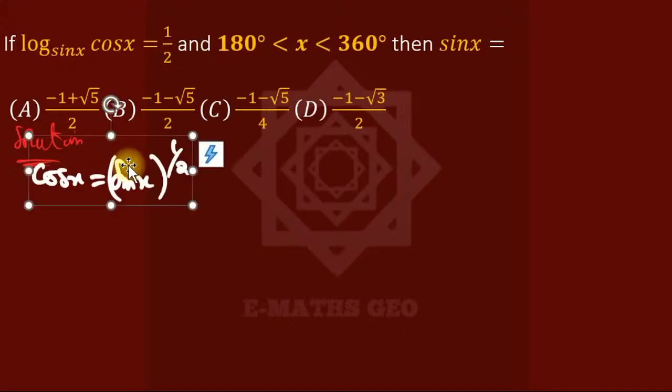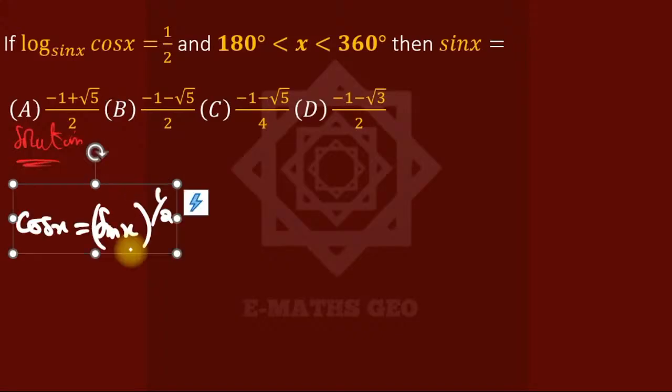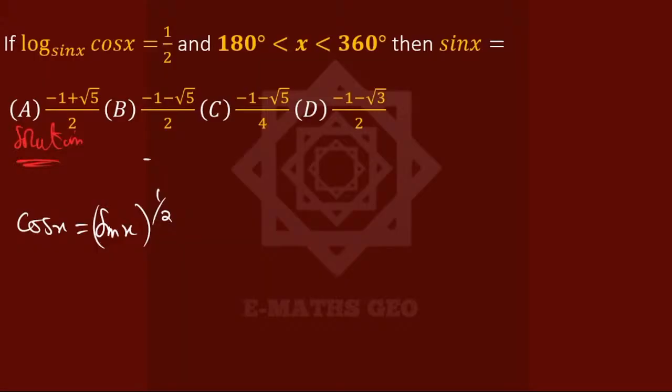Let me just write the original. We have log of cos x in base sine x is equal to half. First of all, I remove the log by moving it to the other side, it becomes indices.